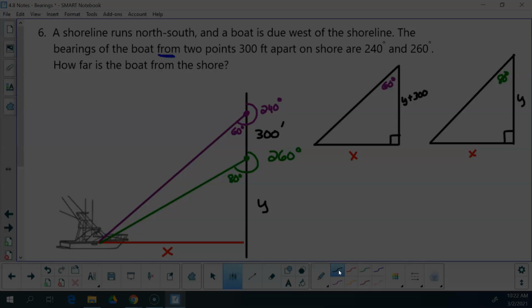So what I did is I broke out my two triangles. Okay? And so I got those two there. I know that I've got that purple angle at 60 degrees. So the tangent of 60 degrees is equal to the opposite side x over the adjacent side y plus 300, and I can solve that for x.